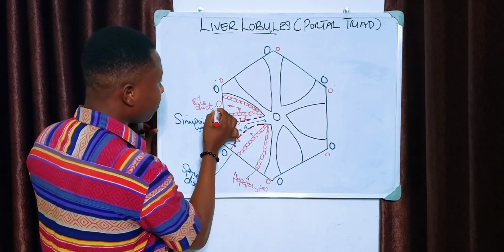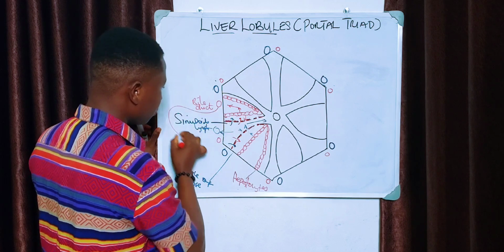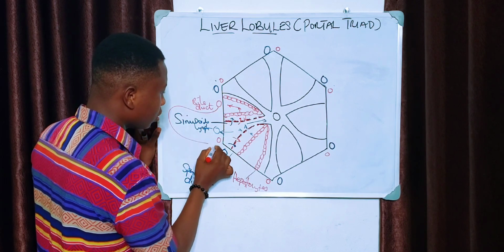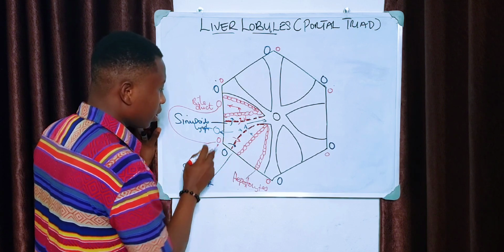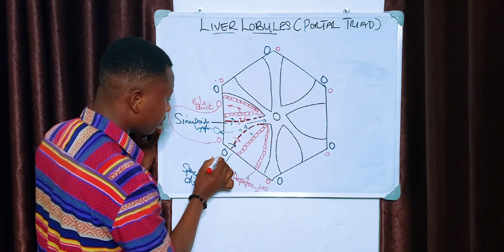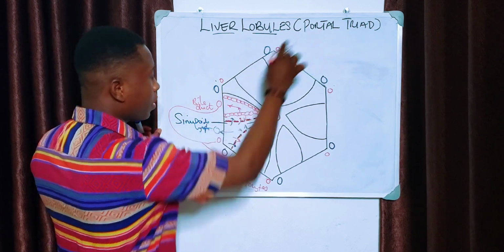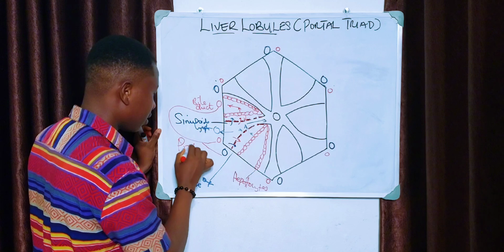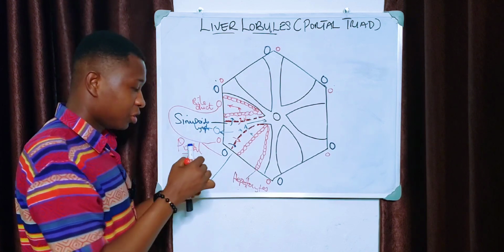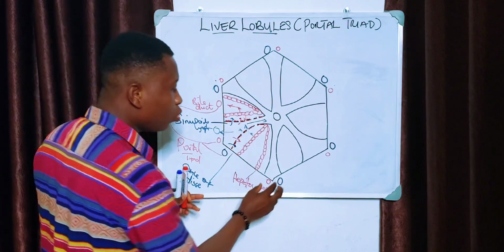So the bile duct, in addition with the hepatic artery and the hepatic portal vein, makes up the portal triad. The portal triad. So these three vessels are always together.